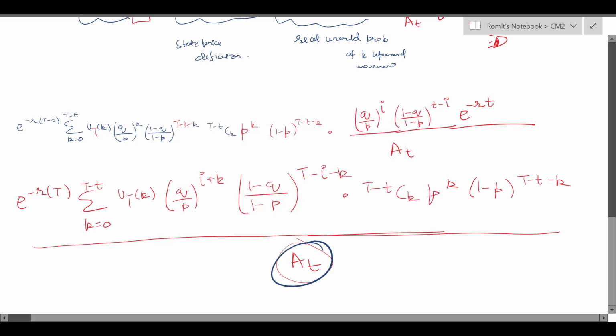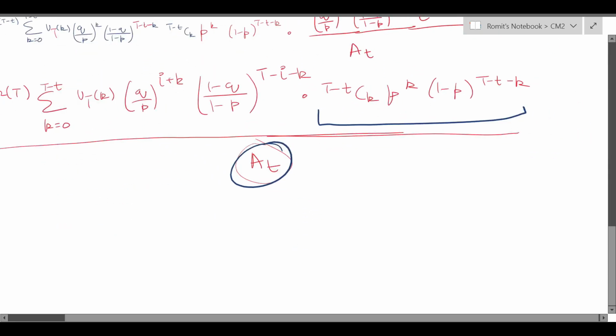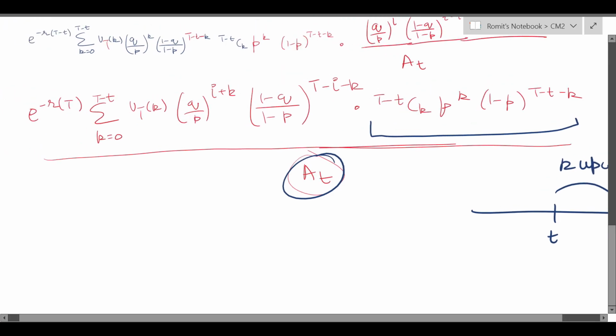In the numerator, you have the probability of k upward movements occurring after time small t. That is, from time small t to time capital T, there are k upward movements, which is the only uncertain thing.